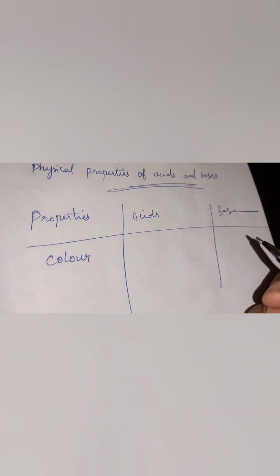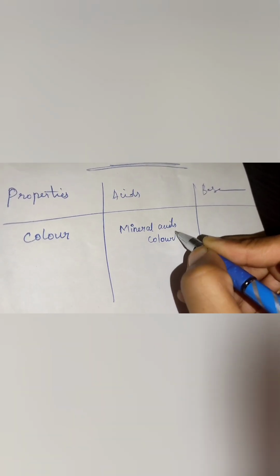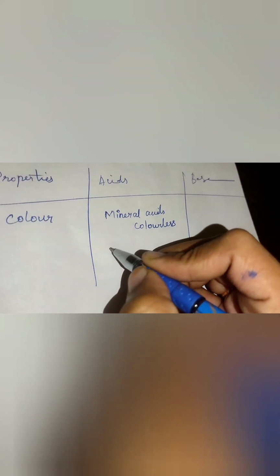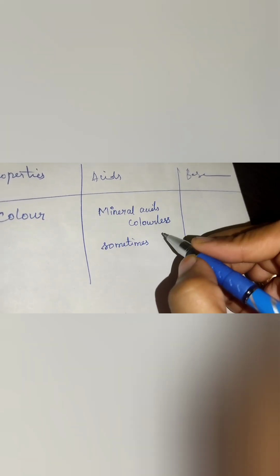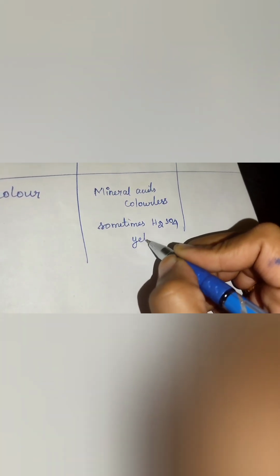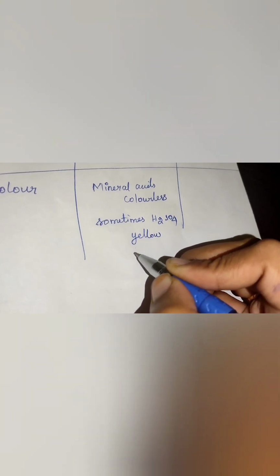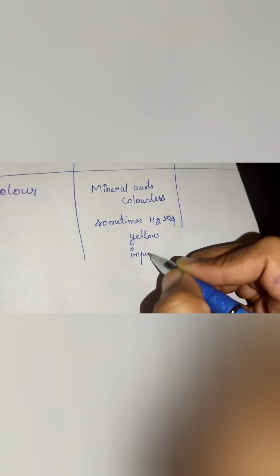What is the color of the acid? Some of the mineral acids are colorless. Sometimes, not always, sulfuric acid, H2SO4, becomes yellow due to some impurities present in that acid.